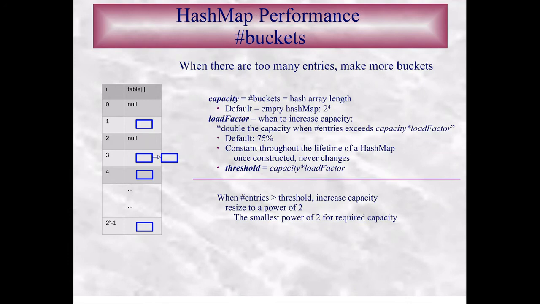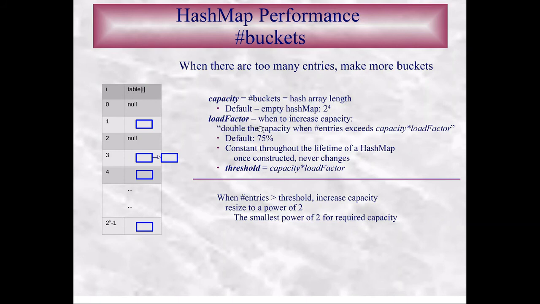The question here is, when would be a good time to increase the table length, the hash capacity, or in other words, the number of buckets, the number of cells of the hash table? The answer that HashMap has lies in the load factor.